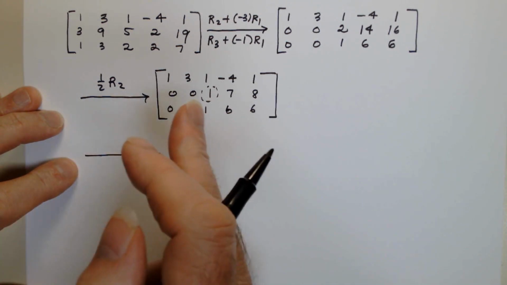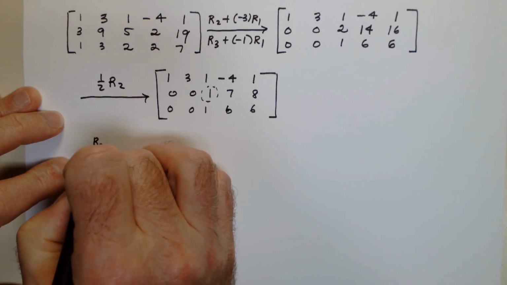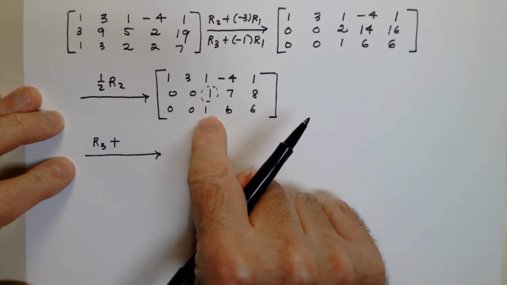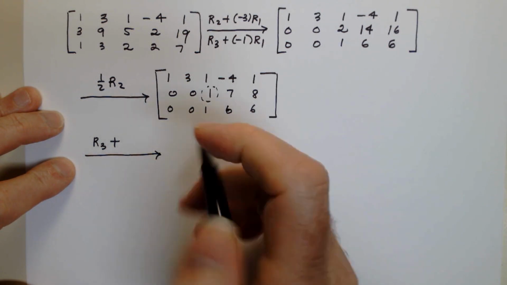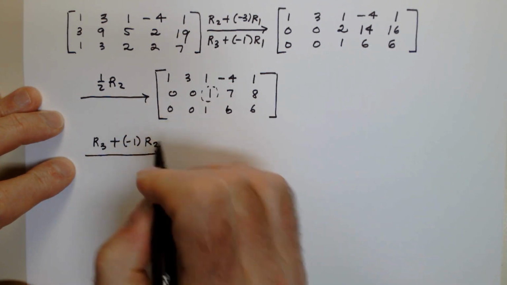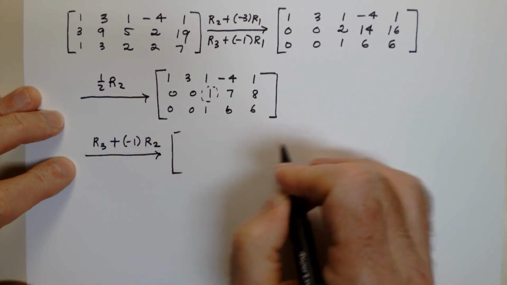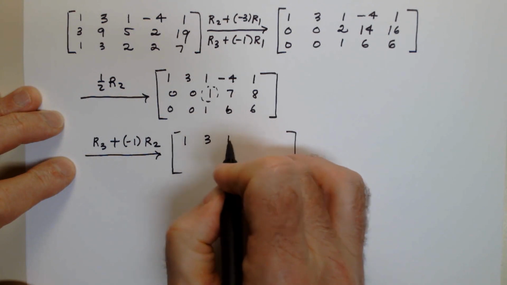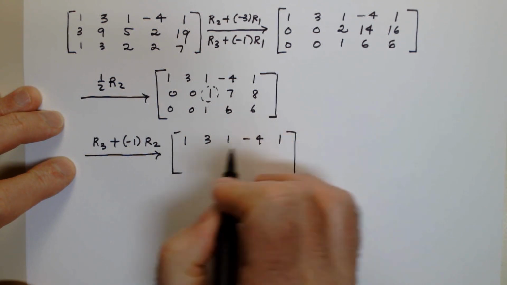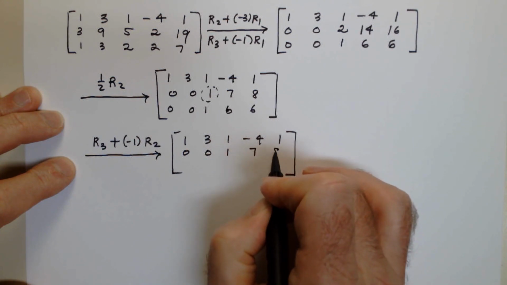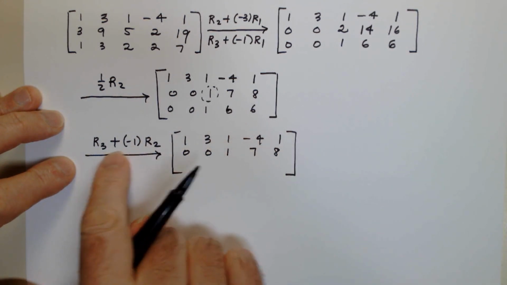I want to have an effect on row 3, so I'll list that first. And how am I going to affect it? I'm going to take -1 times row 2 and add it on to row 3. So in this case, 1 and 2 are unchanged. But 3 is changed according to this recipe.